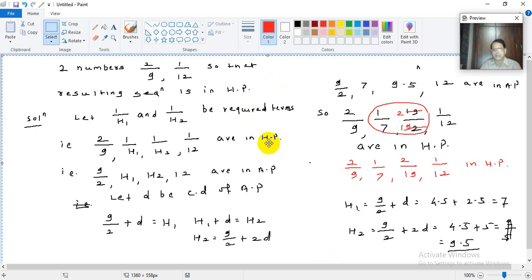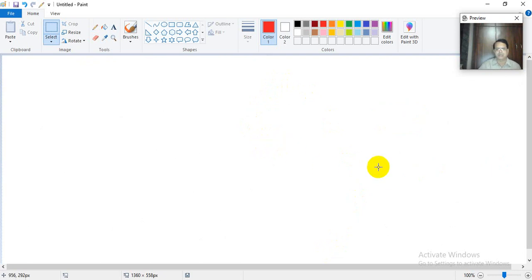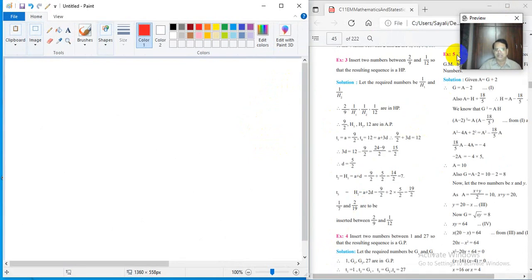Nothing difficult in this. Now we will go for another problem where they will ask you geometric mean. Baga, insert two numbers between 1 and 27. You have to insert two numbers between 1 and 27.